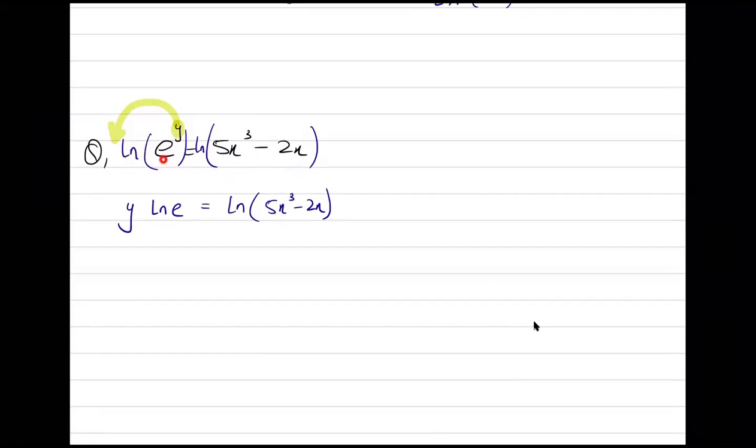Because there is an equation in terms of e. Whenever you have an exponential equation in terms of e, it's always better that you take the log form as ln. So you apply ln on both sides. y being the power can be written as a product with ln e. So you are going to get y ln e is equal to ln of 5x cubed minus 2x.